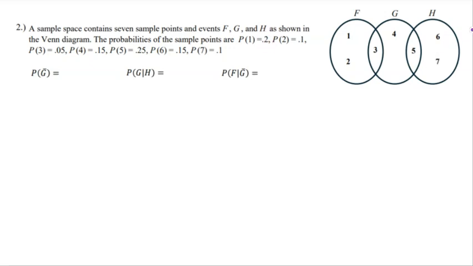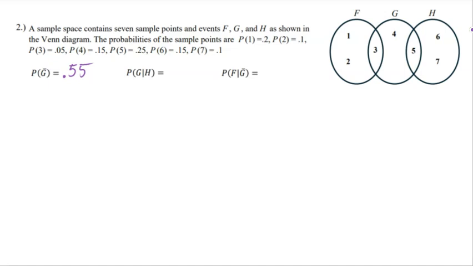That's 0.2 for 1, 0.1 for 2, 0.15 for 6, and 0.1 for 7. So 0.2 plus 0.1 is 0.3, plus another 0.1 is 0.4, plus 0.15 is 0.55. And so the probability of the complement of G is 0.55.